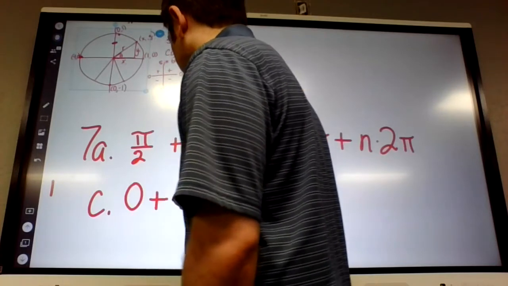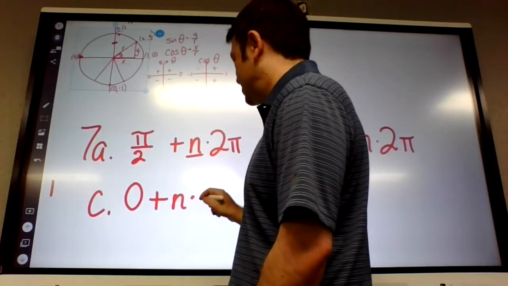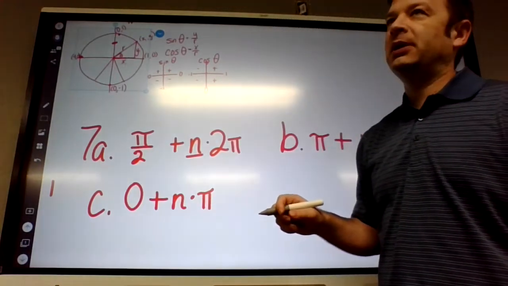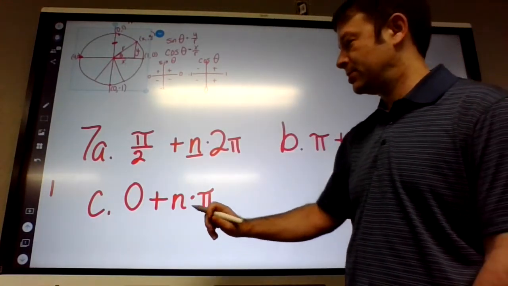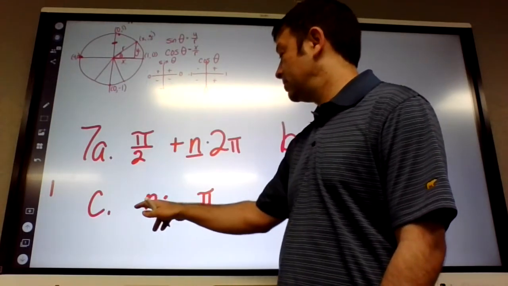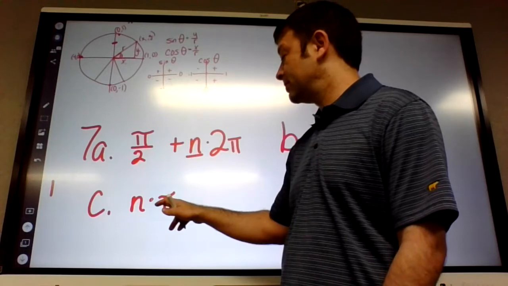So instead of n times 2 pi, it's just n times pi. And now, did I need to write down 0 plus? No, not really. Just n times pi.